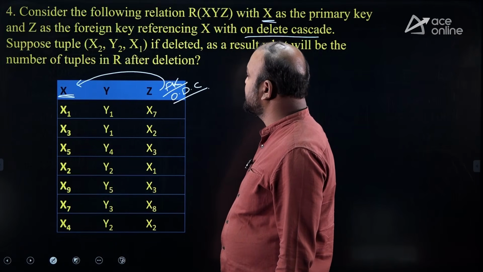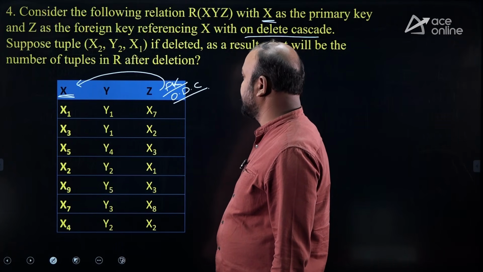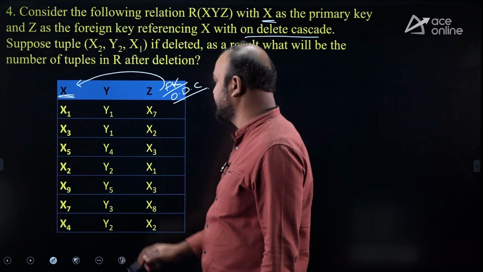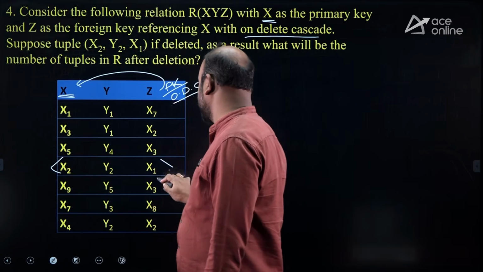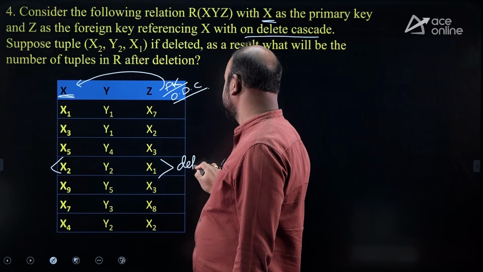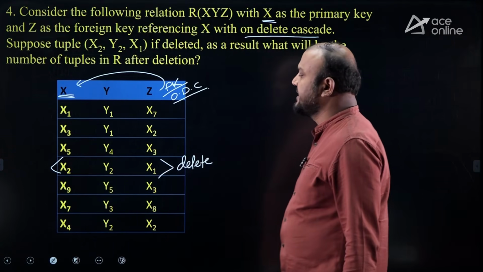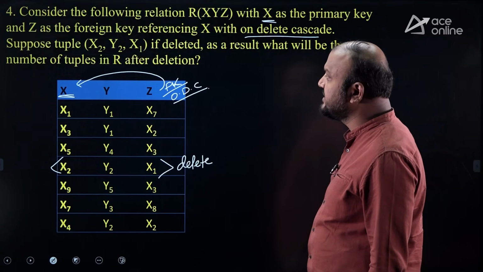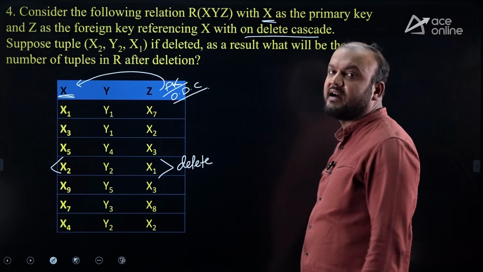Suppose the tuple x2, y2, x1 is deleted. As a result, what will be the number of tuples in R after deletion?